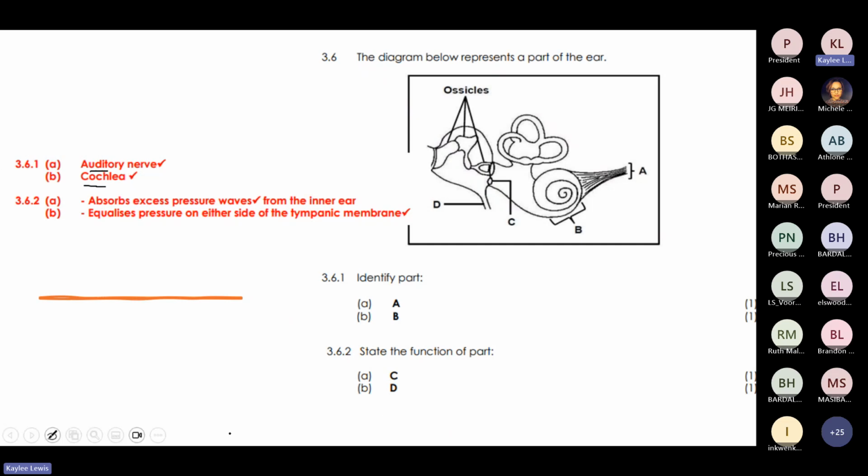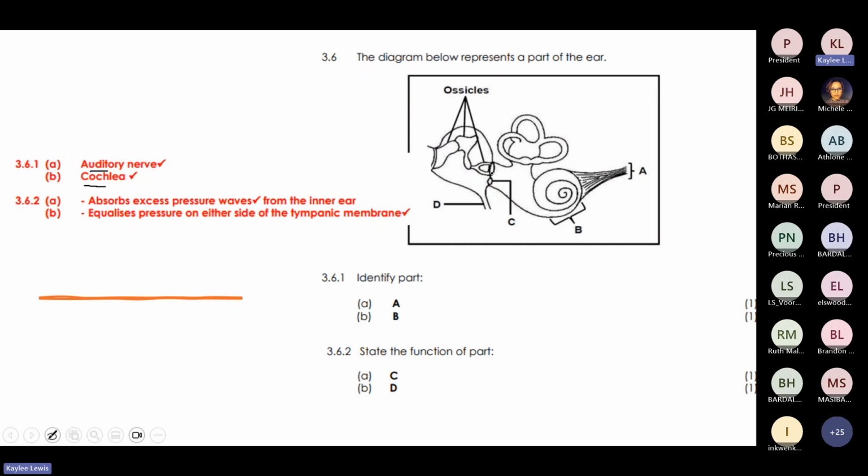Then 3.6.2 says state the function of part C. So you need to know that part C is going to be the round window. Remember, you can sometimes tell by the shape. They've been nice in this one. You can see this is round and this one's oval.